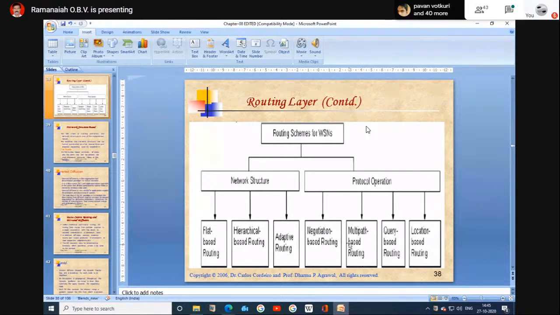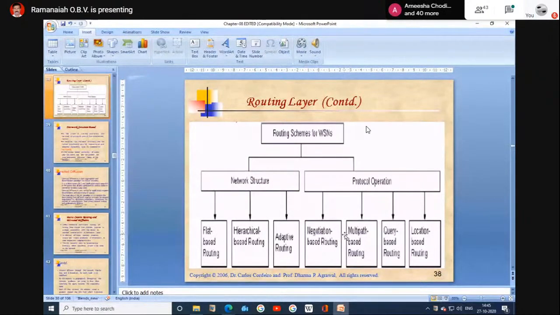Then the same set of protocols, if they are discussed based on a distinct criterion, like the principle of operation, the mechanism, then you get this classification. What is that? Negotiation-based. Is there any negotiation? An example is SPIN protocols, Sensor Protocols for Information Dissemination via Negotiation.